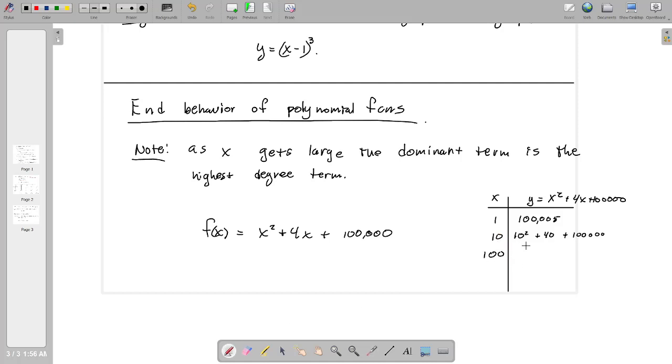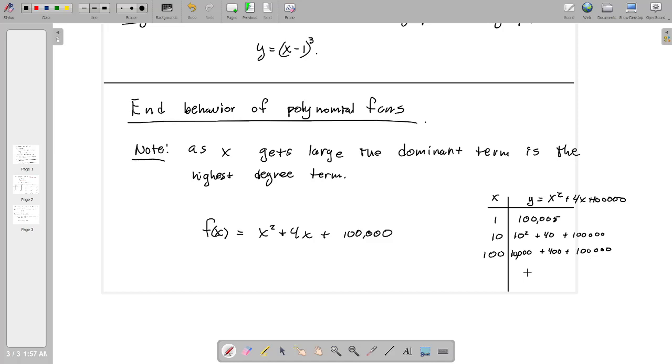Let's say it's 100. Well, now we're getting closer and closer to this 100,000 mark because 100 squared is 10,000, plus 400, plus 100,000. Still, 100,000 is the dominant term because it contributes the most to the y value. It's contributing 100,000 versus 10,000 or 400. 10,000 is still pretty small relative to 100,000.